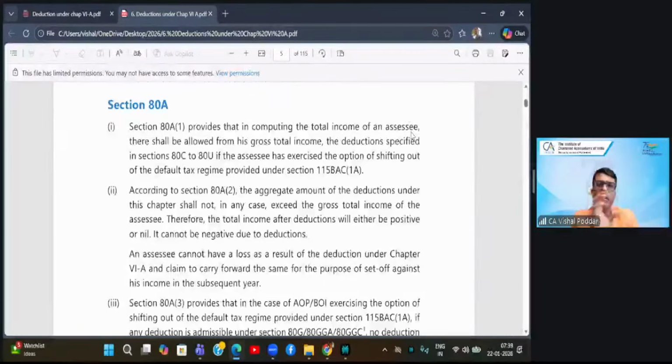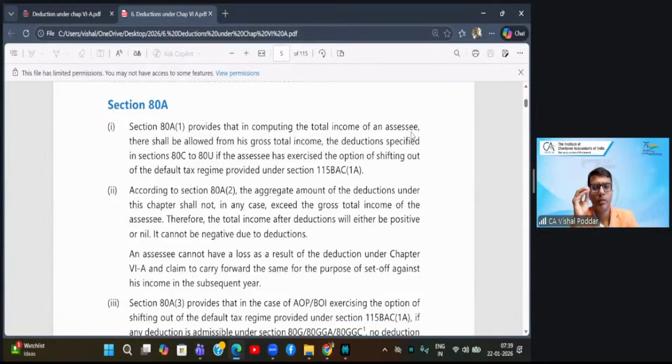You are given various payments for which chapter 6 deduction can apply. So you'll first check who is the person, whether the person is individual, HUF, company, firm, etc. Because what we are going to study at inter level majorly is those deductions which are applicable to individual HUF, because I have been stating this in nearly every alternate chapter, alternate session, that at inter level, mainly your syllabus covers provisions relating to individual HUF.